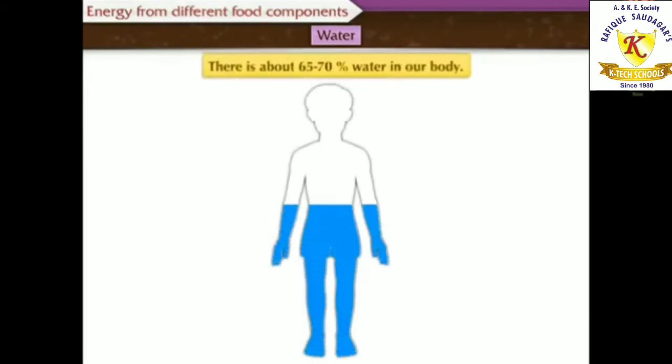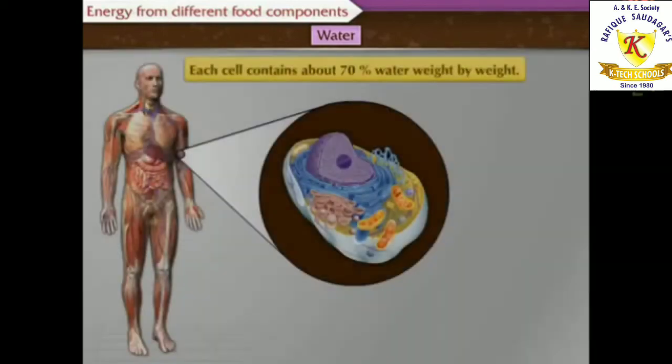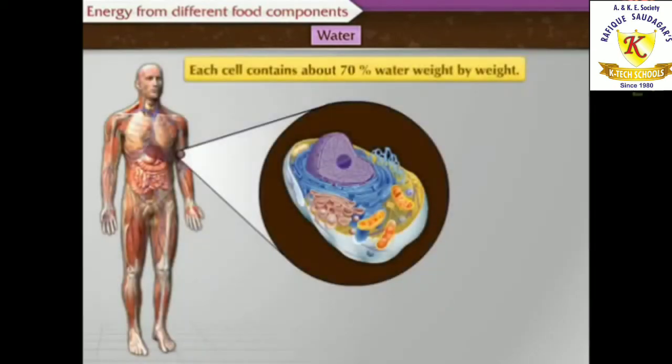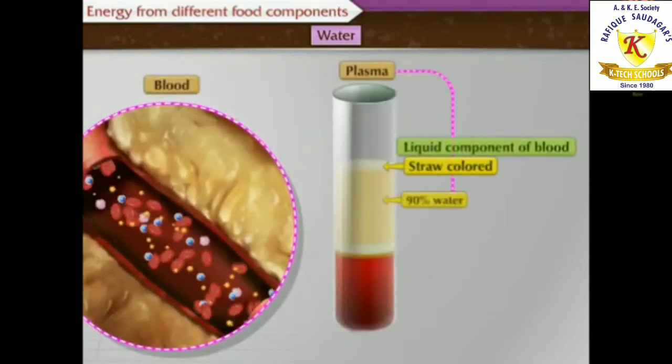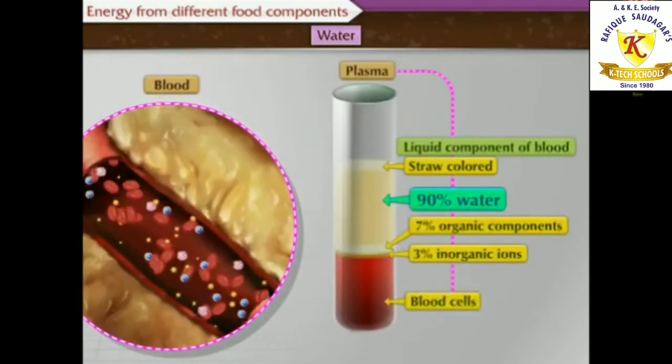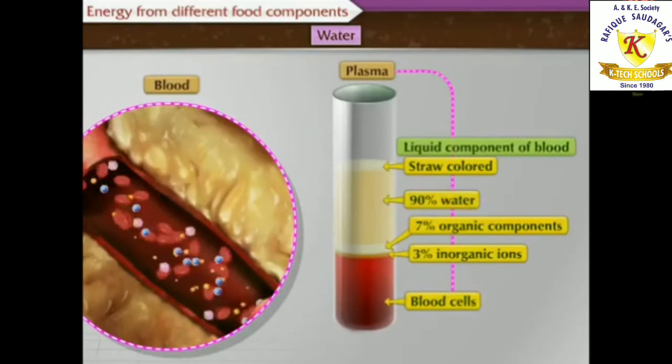Now let us begin with the next topic, that is water. There is about 65 to 70% water in our body. Each cell contains about 70% water weight by weight. Blood plasma also contains 90% of water.